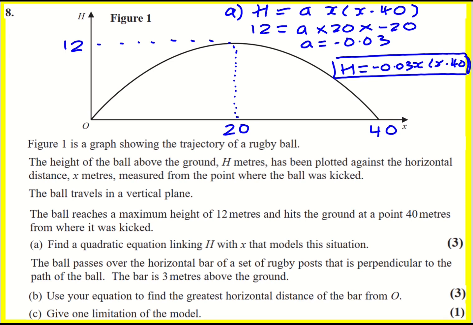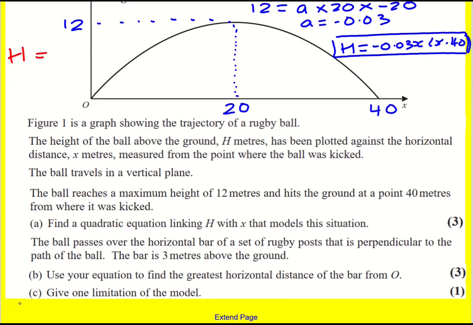In method 2, sometimes you might not be given the roots, but you might be given the maximum and maybe another point. And we can use the idea of completing the square. Let me give you an example. I'm asking you to complete the square on x squared plus 4x minus 7.